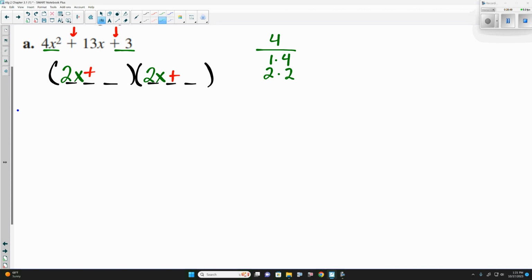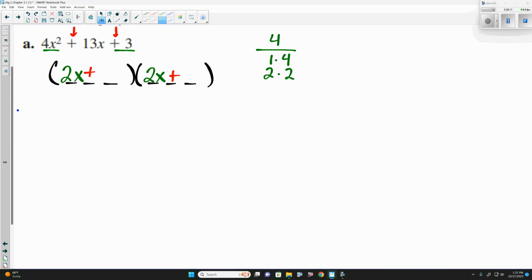But we just got to pick one. And that's why step 5 is so important, the check step, because this lets us pick one of them and not really have to focus too hard on trying to figure it out. The check step will tell us either A, yes, this is correct, or B, we need to rearrange it. We need to try a different setup.